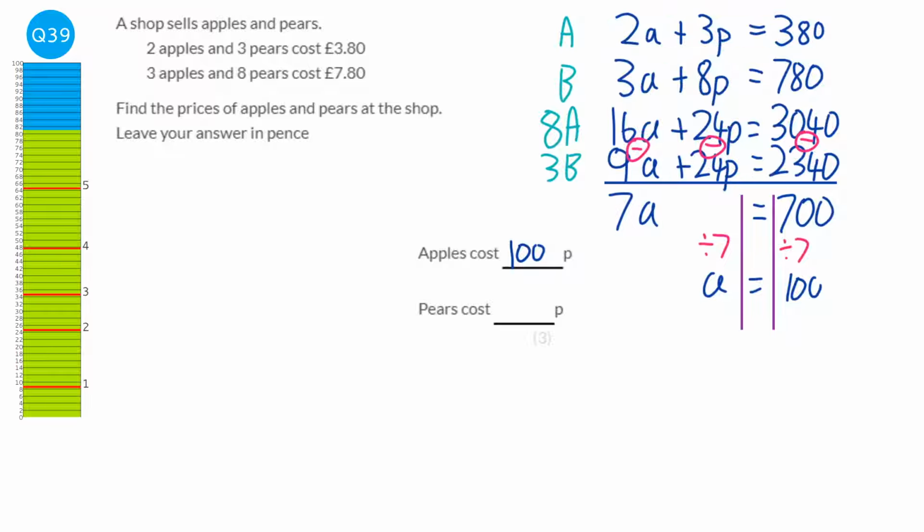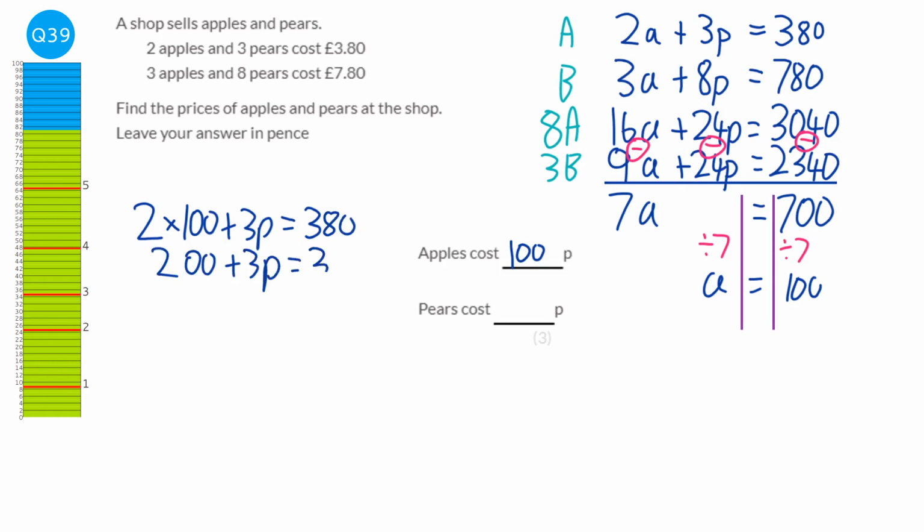But instead of a, we know that a is £1, or 100 pence. So 200 plus 3p is 380. And then again, I'm just going to draw my lines down. And we're going to subtract 200 from both sides.